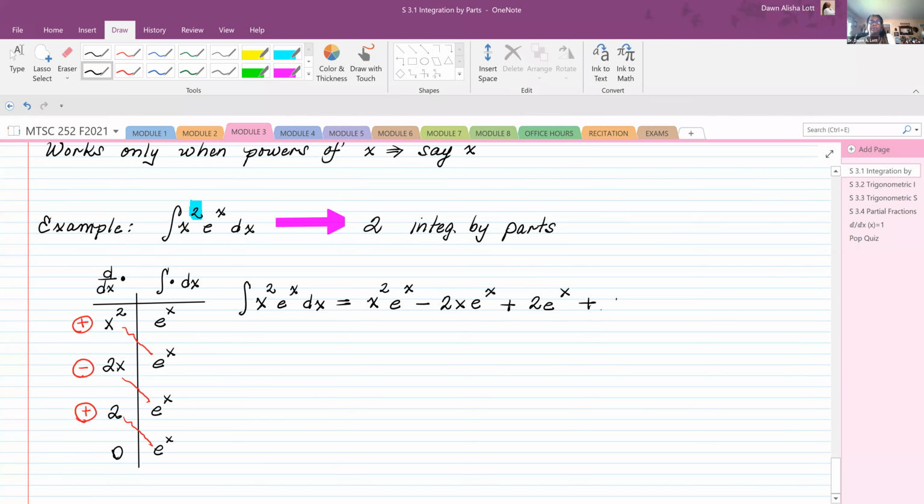This side is the derivative with respect to x of whatever. This side is the integral of whatever. So I'm going to start off with x cubed. Its derivative is 3x squared. Its derivative is 6x. Its derivative is 6, and its derivative is 0.